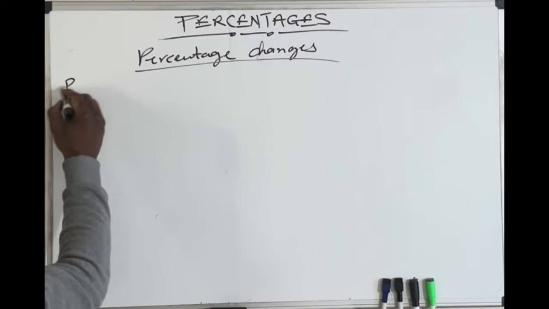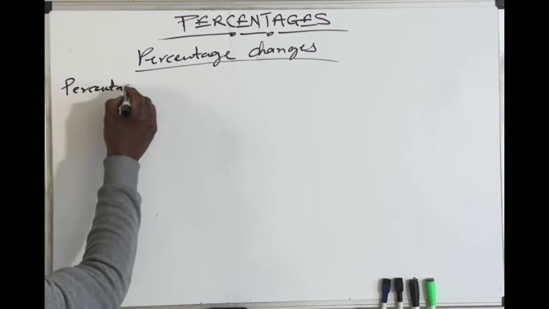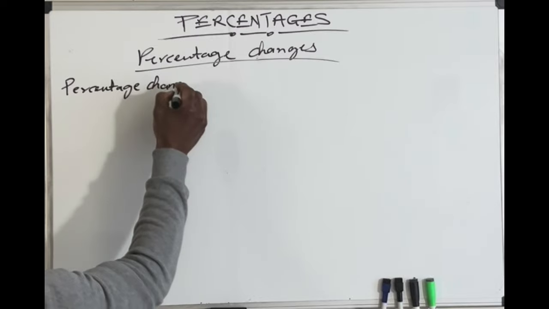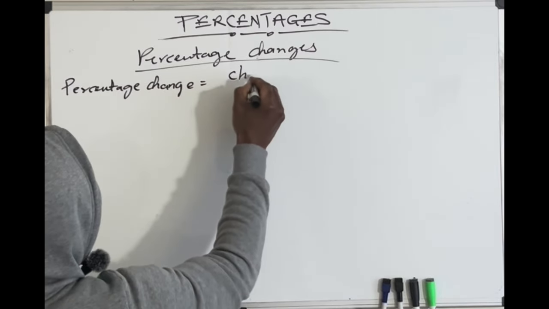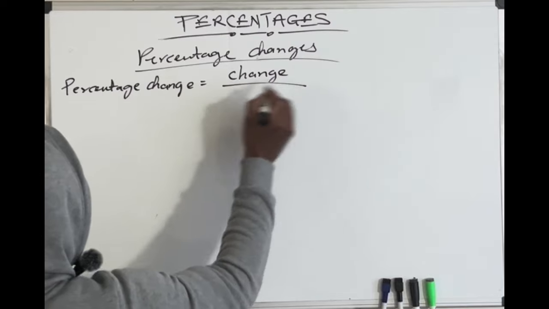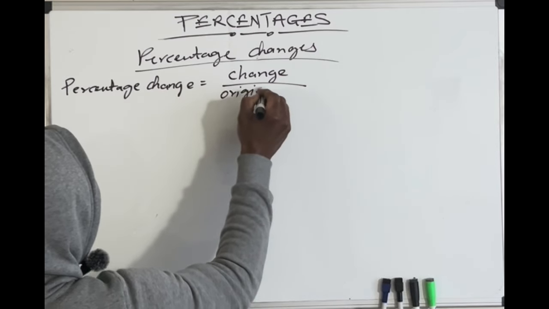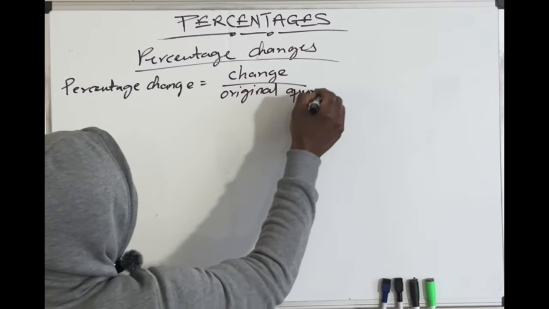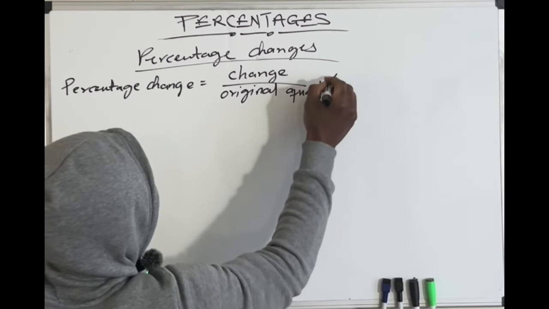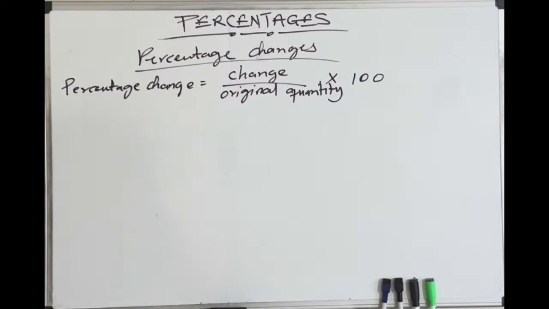You are asked to find the percentage change of anything, it will be the change over the original quantity times 100. The change is the difference between the original and the new quantity. The change can be an increase or decrease, so you may be asked to find the percentage increase or decrease.